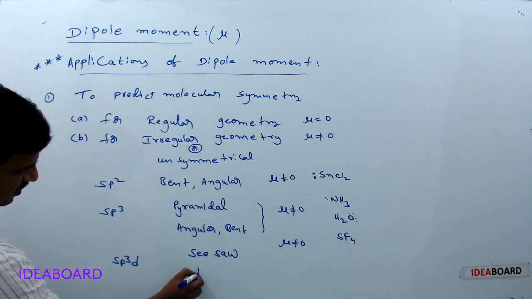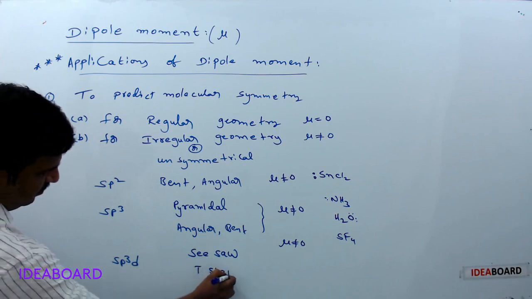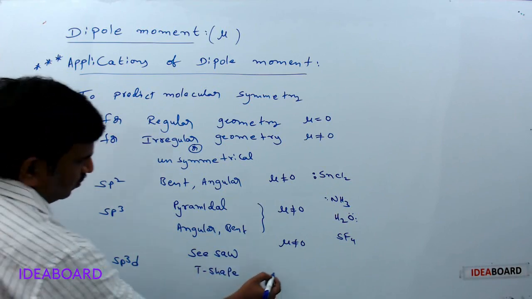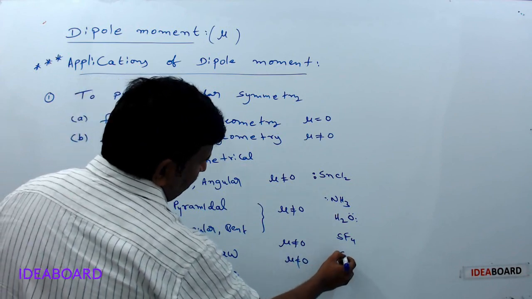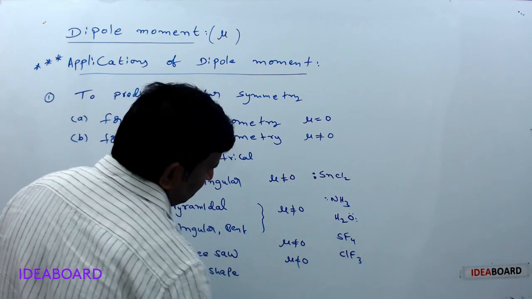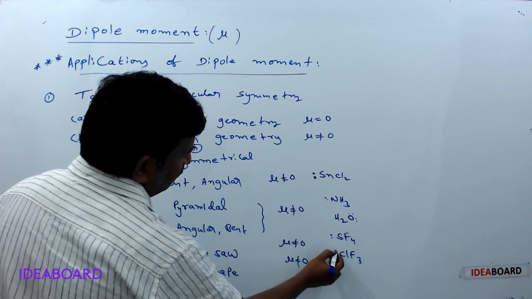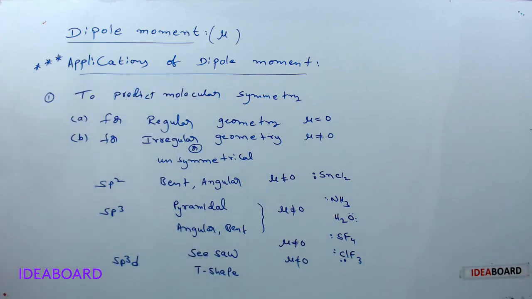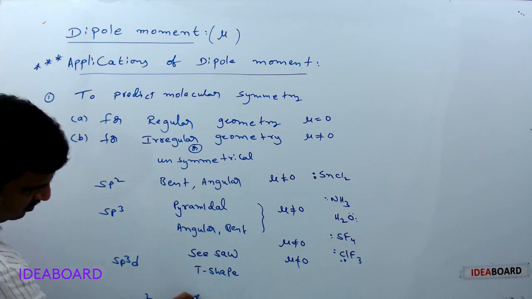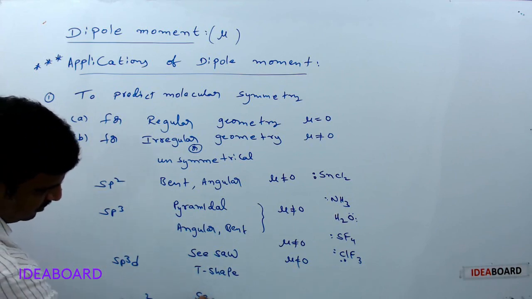And if they have T shape, then also their dipole moment is not equal to 0. One example is ClF3, it has one lone pair and two lone pairs on chlorine.